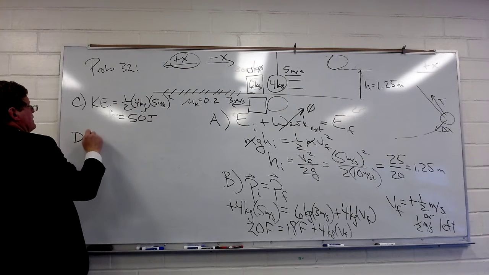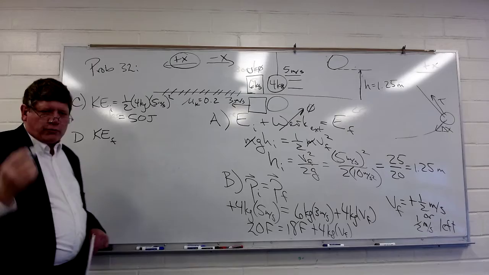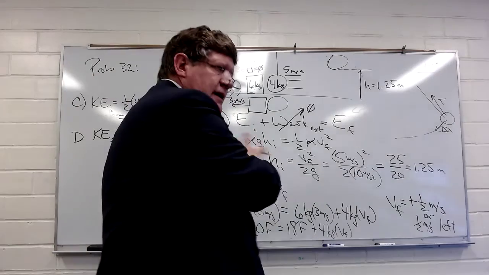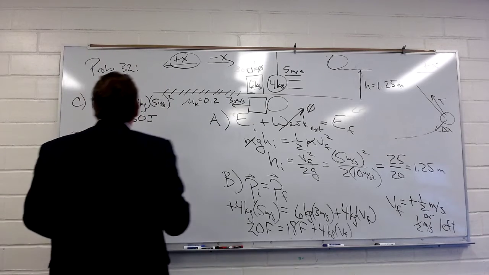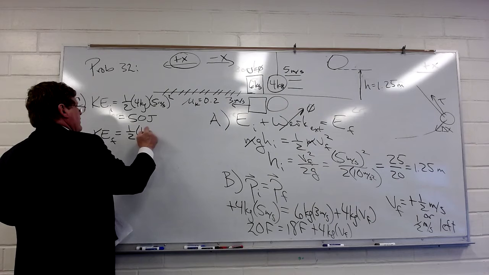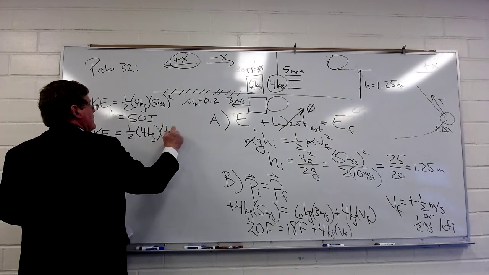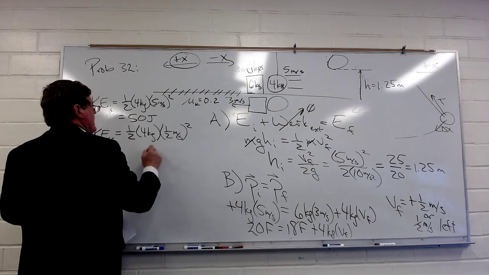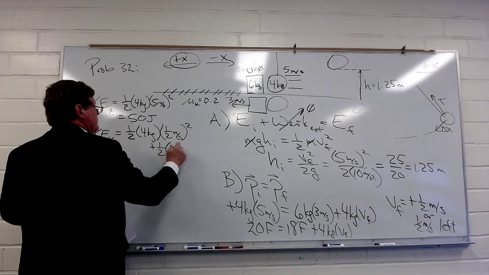Part D asks me to find the kinetic energy after the collision, and by after I mean right after. I can't wait for that block to slide across the rough floor and stop. So I'm going to have the 4 kilogram bob moving at 1/2 meter per second, and the 6 kilogram block.